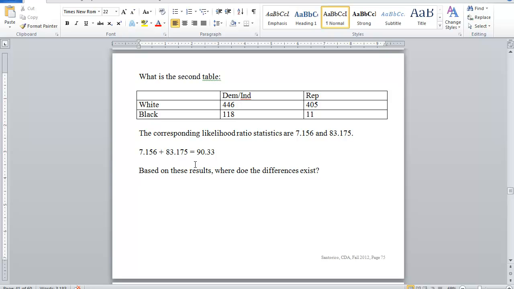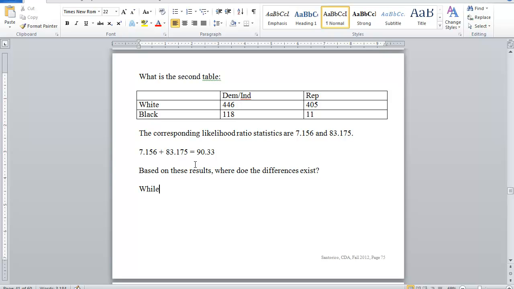Both of these are well past that. So for each table, you'd still conclude that there is dependence between a person's race and their political affiliation. But you see there's a much larger deviation that comes from the distinction between Democrats and Republicans.